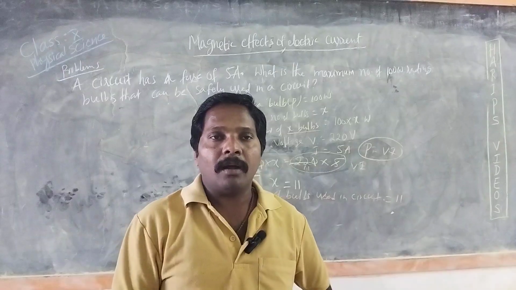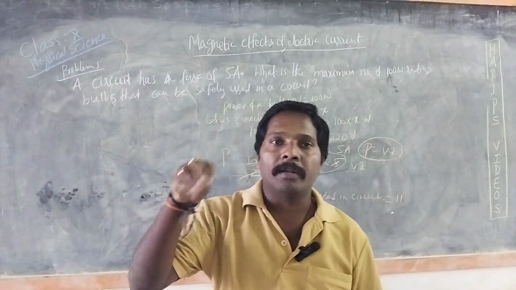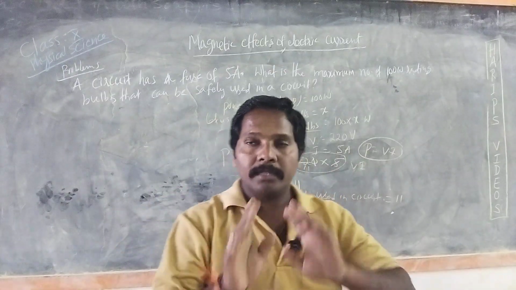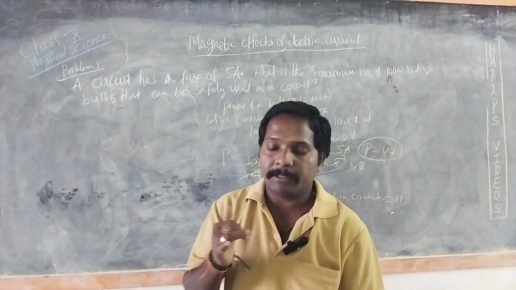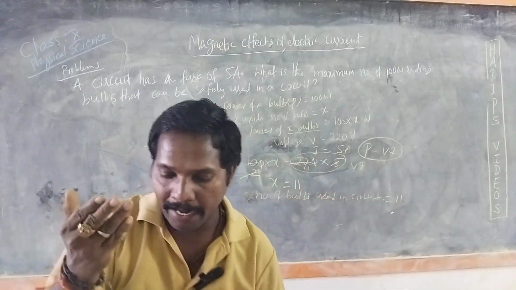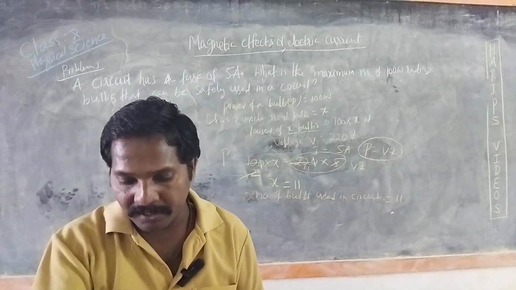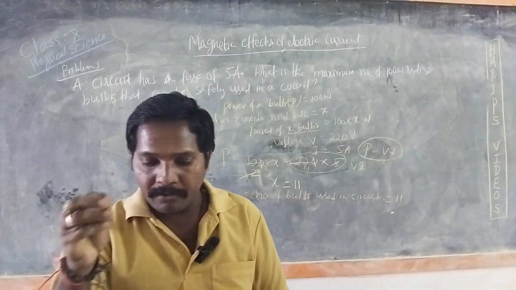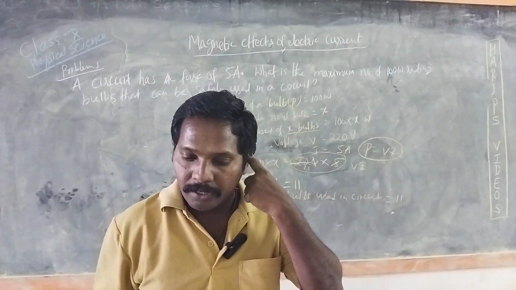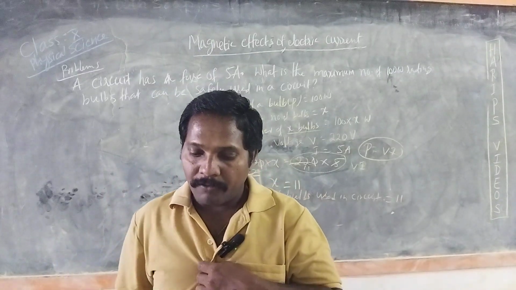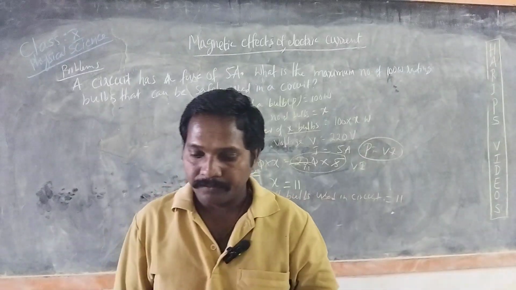So make sure that all electrical appliances are given earthing. An earthing wire should be given especially for electric iron, cooler, refrigerator, etc. Earth connections should be given to save ourselves from the risk of electric shocks.